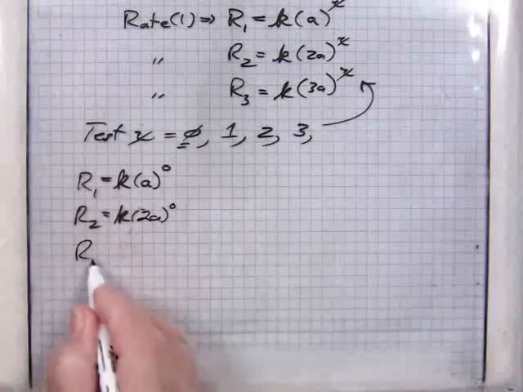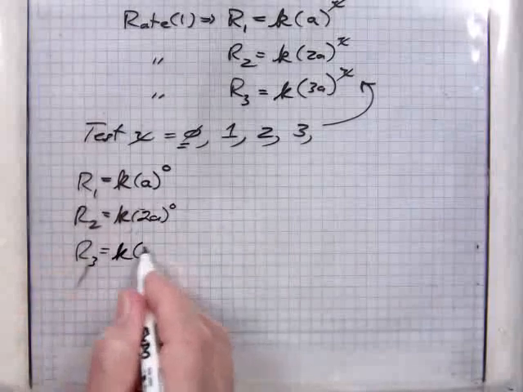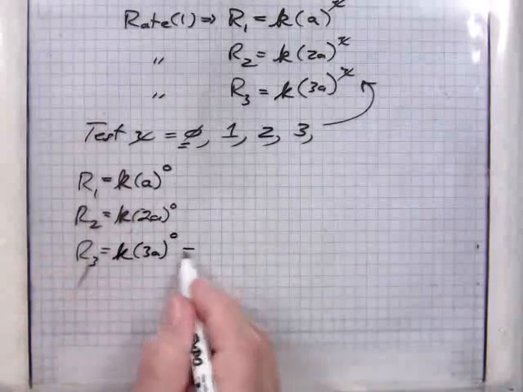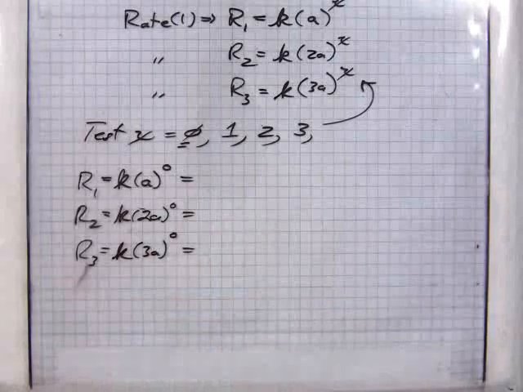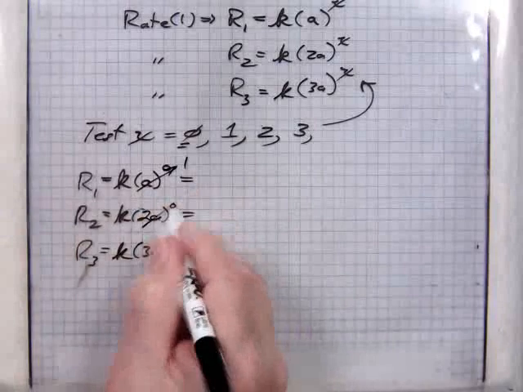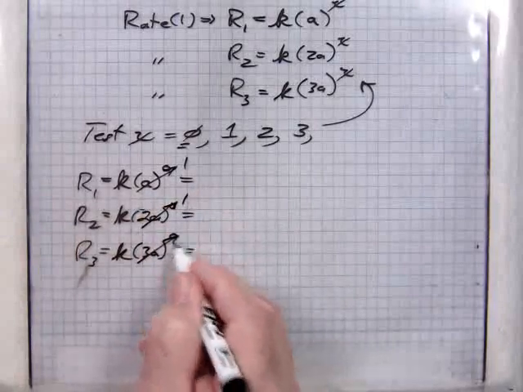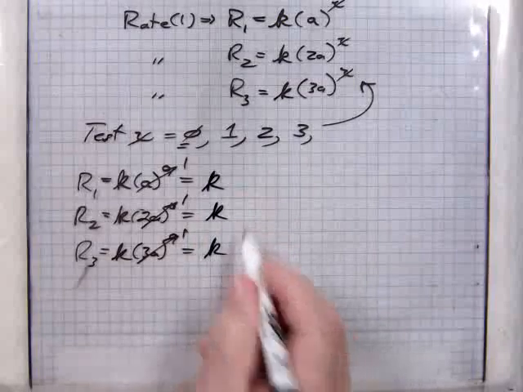And rate 3, K times 3A raised to the 0 power. Well, we know that any number raised to the 0 power is 1, so all of these would go to 1, and you're left only with your rate constant all the way down.